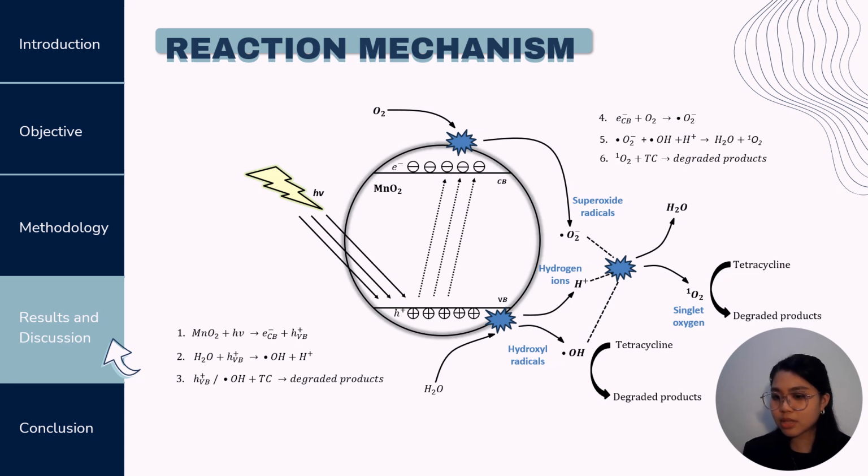And then these electrons can also react with oxygen and in turn create superoxide radicals. So these superoxide radicals, hydrogen ions, and hydroxyl radicals can further react with one another and create singlet oxygen and water. So this singlet oxygen can readily degrade tetracycline.